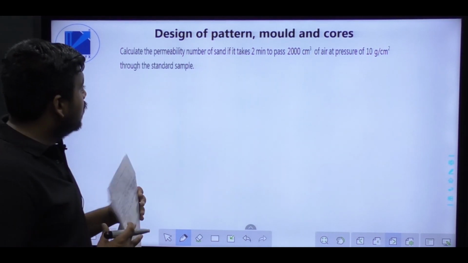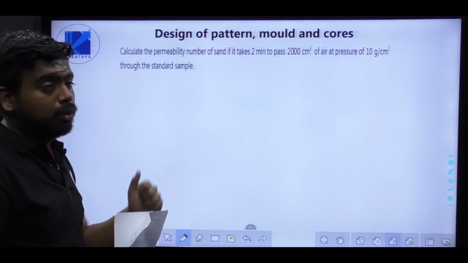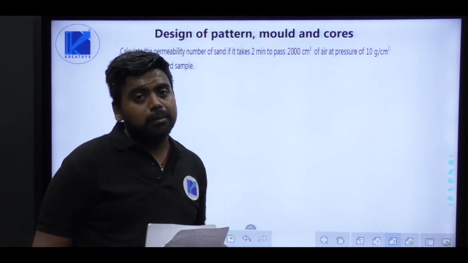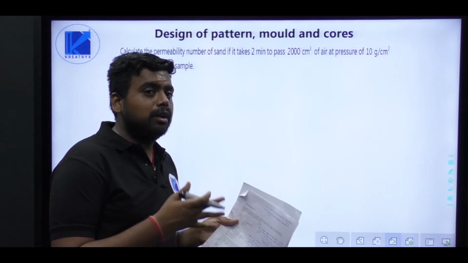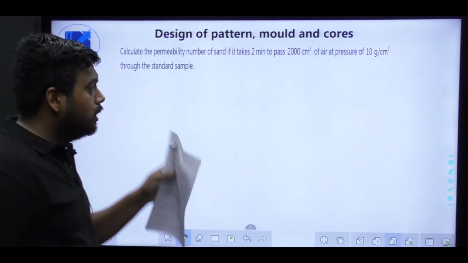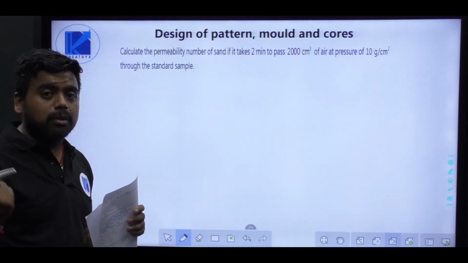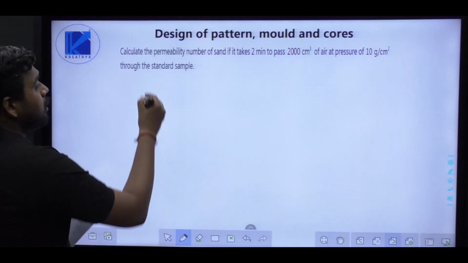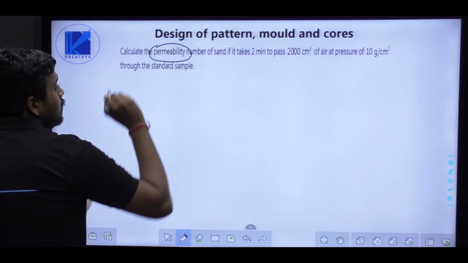So while talking about the green sand mold concept, there are a few very important parameters, or we can say properties, of molding sand. In this question, we are talking about one of the properties of molding sand, that is permeability. What is permeability?